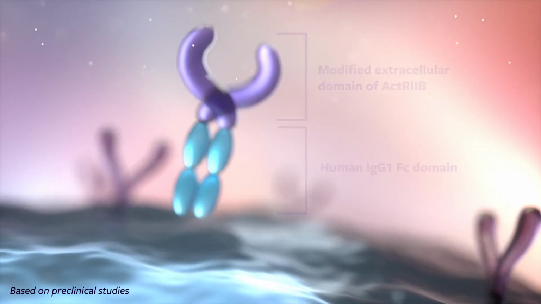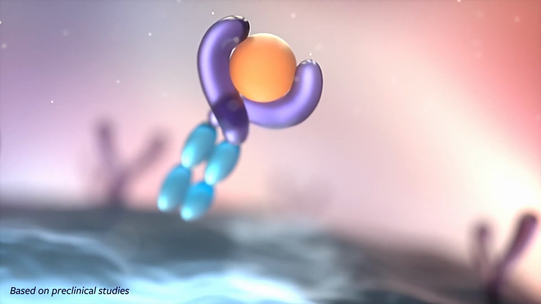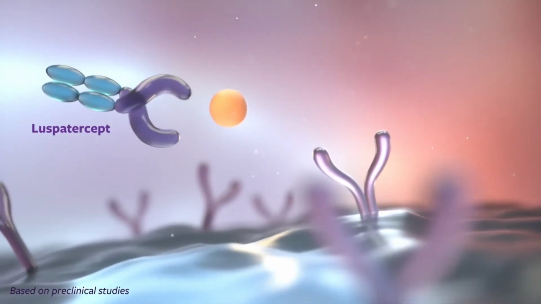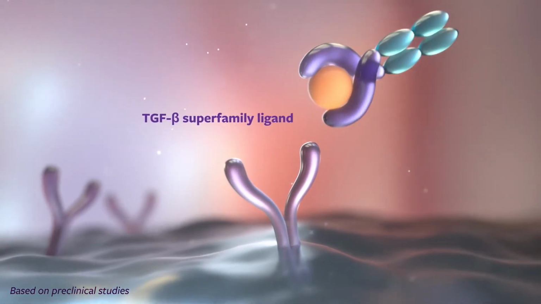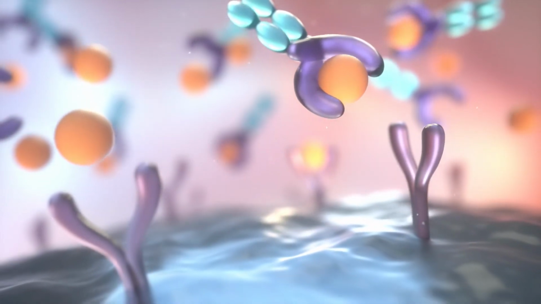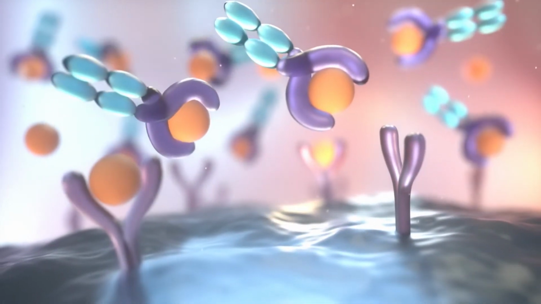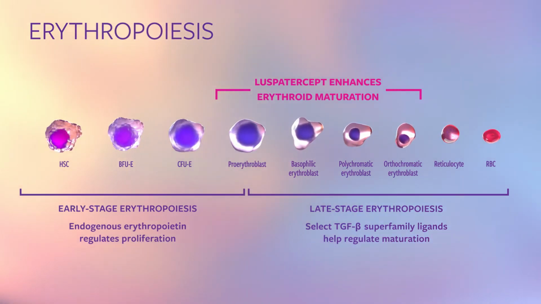Luspatercept acts as a ligand trap, binding several endogenous TGF-beta superfamily ligands. Luspatercept competes with activin receptor type 2B for binding with the TGF-beta superfamily ligands, thereby decreasing abnormally elevated SMAD2/3 signaling. Luspatercept helps regulate erythroid maturation during late-stage erythropoiesis by diminishing SMAD2/3 signaling.